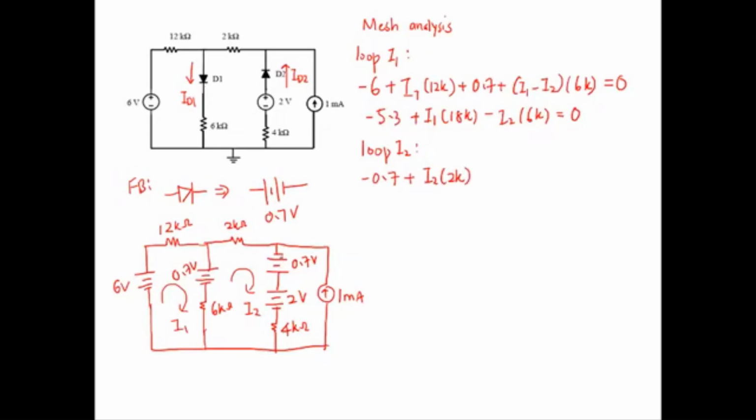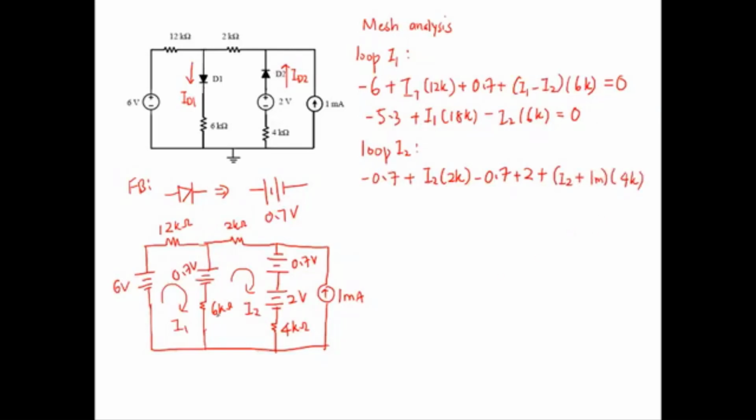Then next we have this other 0.7, also exiting the positive, so this is also negative 0.7. Now this is entering the positive, so this is positive 2. For the 4K there are two currents, I2 and the 1 milliampere current source, so I2 plus 1 milli times 4K.